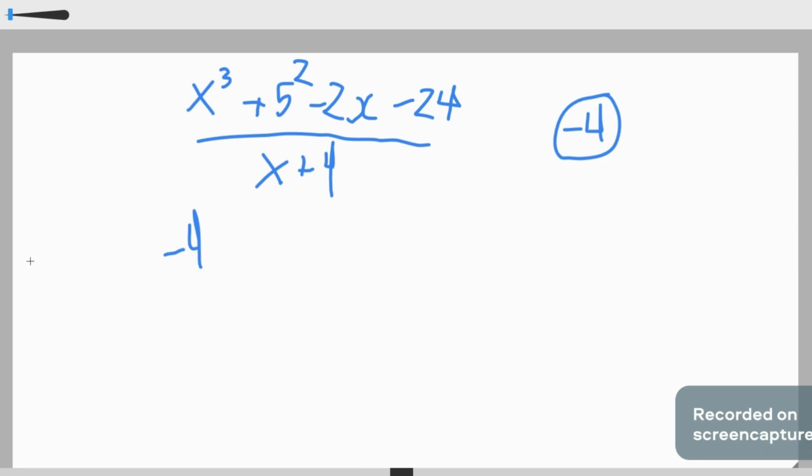Because math said so. And then we're going to take our x cubed coefficient, which is just 1, and our 5, and our negative 2, and our negative 24. Right, I almost said a positive 24. There we go.